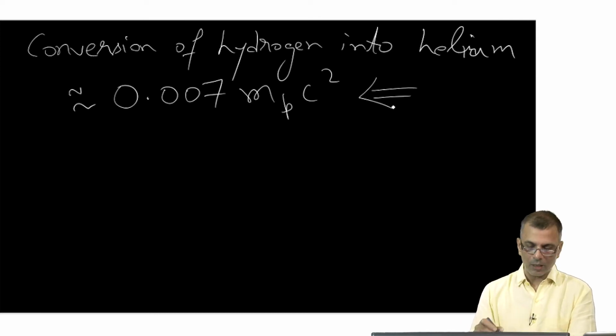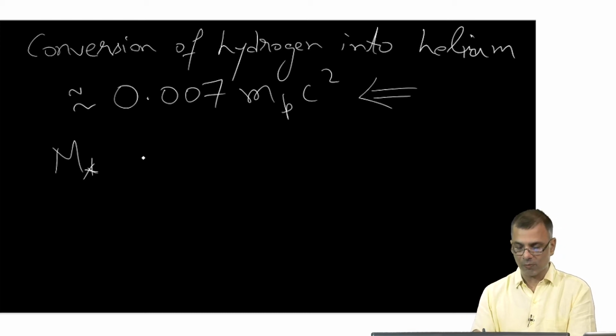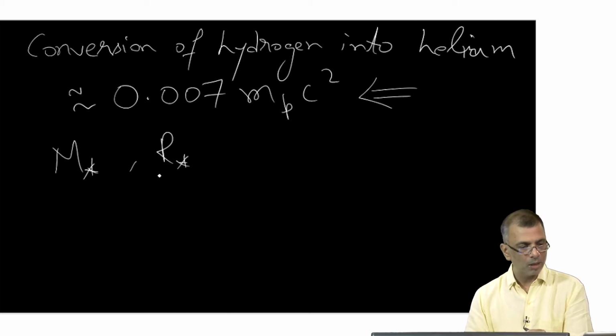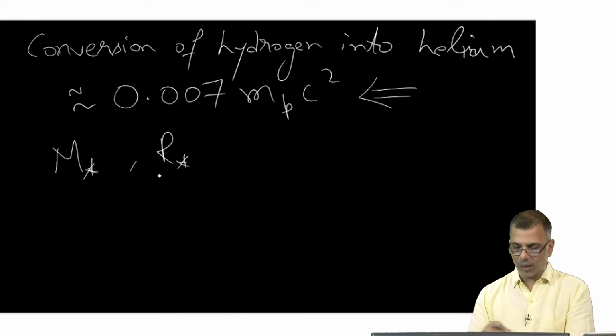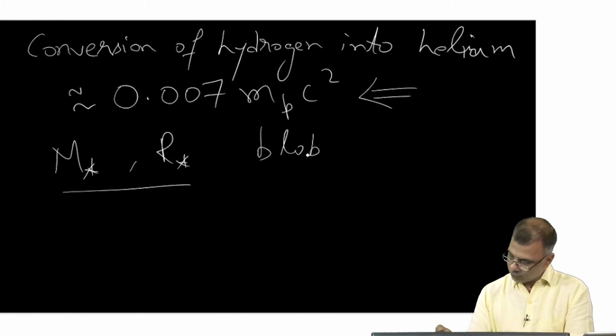Now consider a compact object of mass m star and radius r star. Now let us consider a blob, comprising just hydrogen, of mass m.